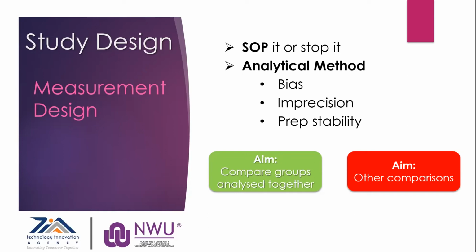Okay, if a validation report is not possible, you have to go and ask the experts that use the method in the lab every day so that they can assist you. Remember, validation is optional if you're comparing groups, because whatever is present for the one will be present for the other, and essentially when you start comparing, it will cancel out to some extent.